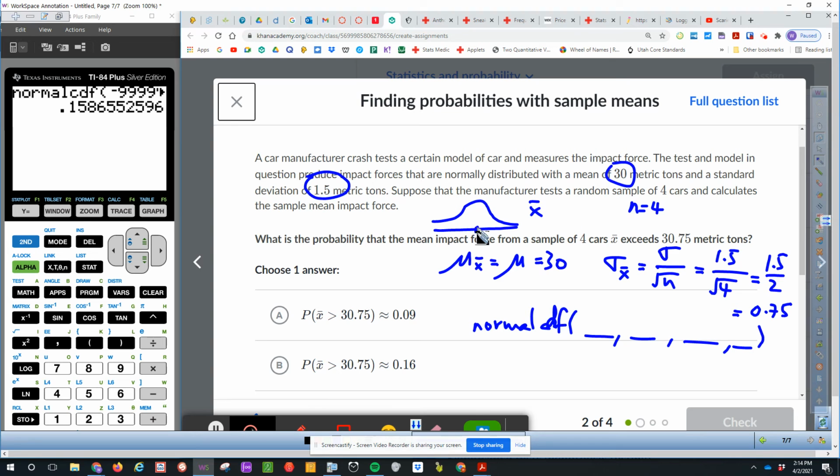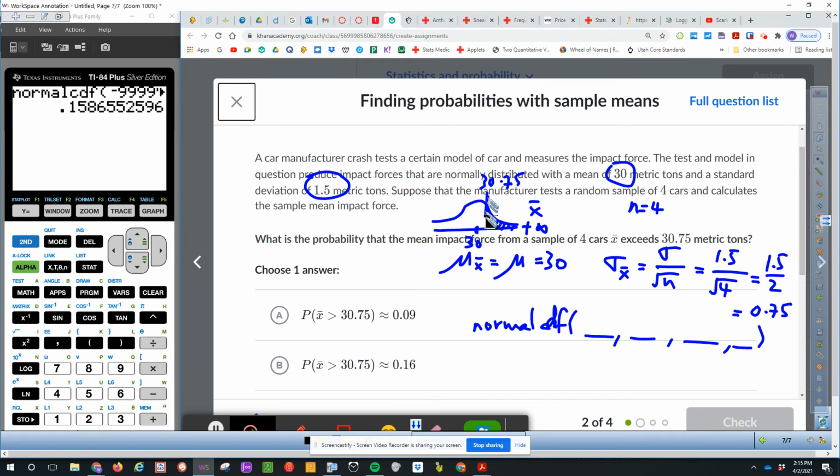Now we know that the sampling distribution is approximately normal. And here in the middle, the mean is 30, because it's an unbiased estimator. Let's say 30.75 is here. We want to find the probability that it exceeds that, so it's going to be this direction towards positive infinity.